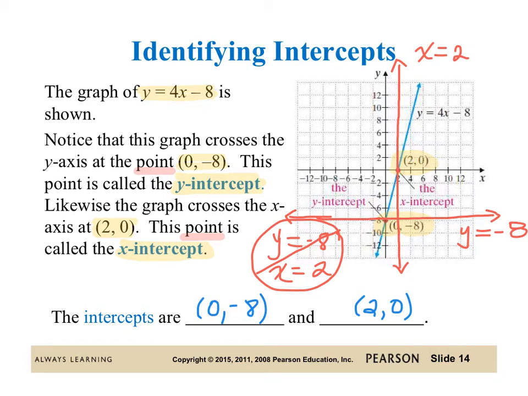Intercepts are always ordered pairs. So please keep that in mind as we proceed.